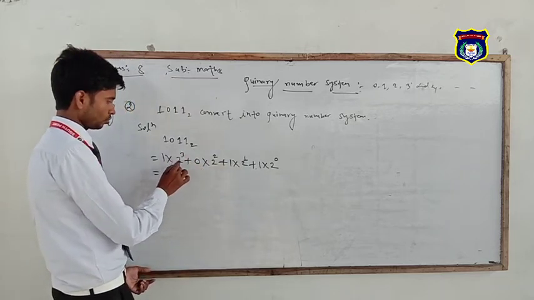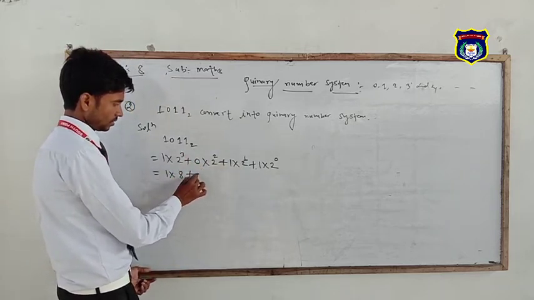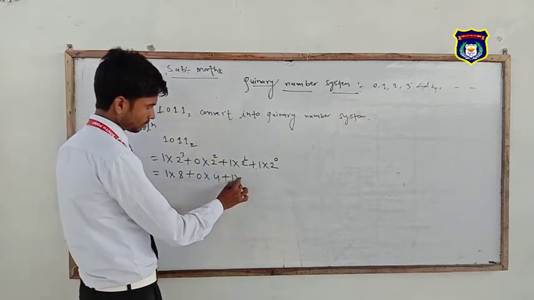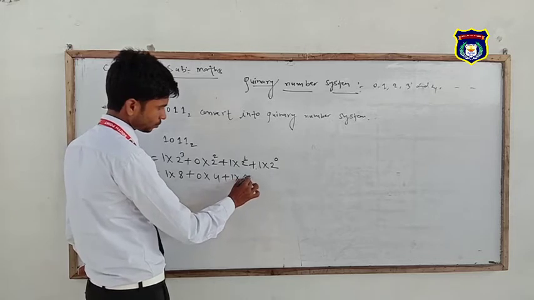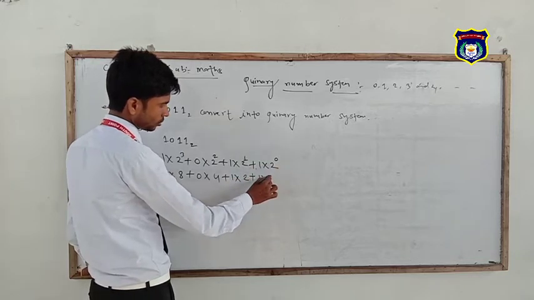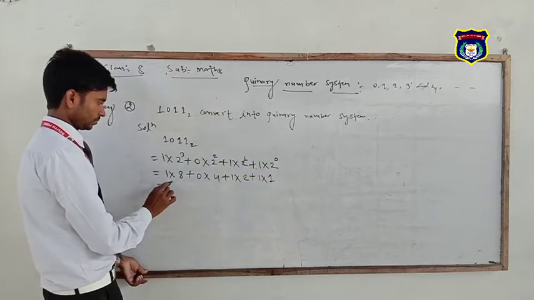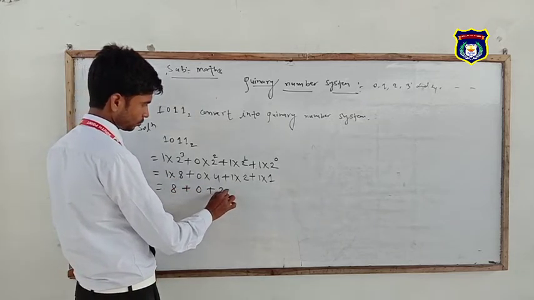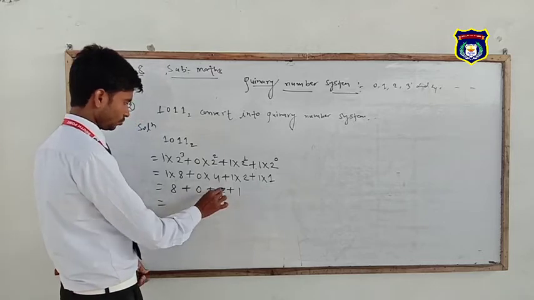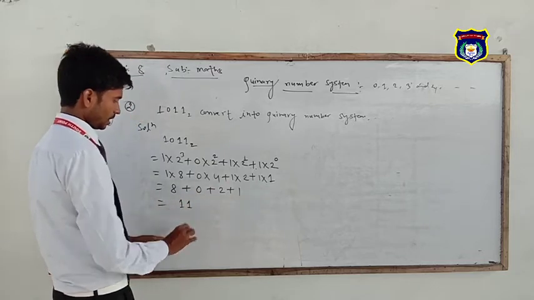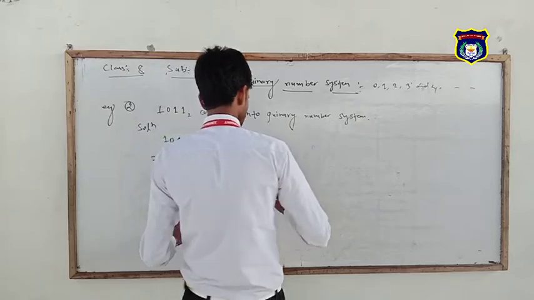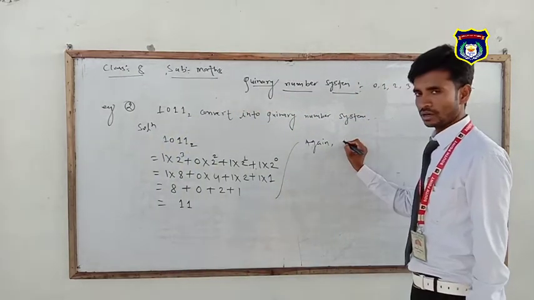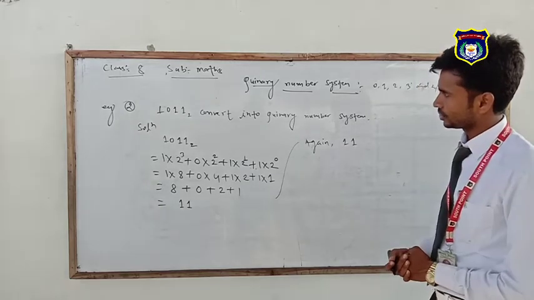So 1 multiplied by 2 to the power 3 is 8, 0 multiplied by 2 to the power 2 is 0, 1 multiplied by 2 to the power 1 is 2, 1 multiplied by 2 to the power 0 is 1. So 8 plus 0 plus 2 plus 1 is 11. Now it is decimal.